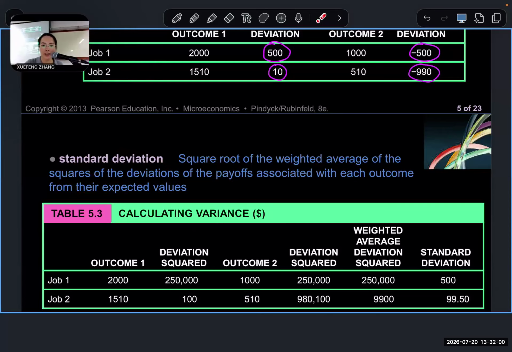What is standard deviation? You take the square root of the deviation. Let's see the definition. Square root of the weighted average of the squares of the deviations of the payoffs associated with each outcome from their expected values.